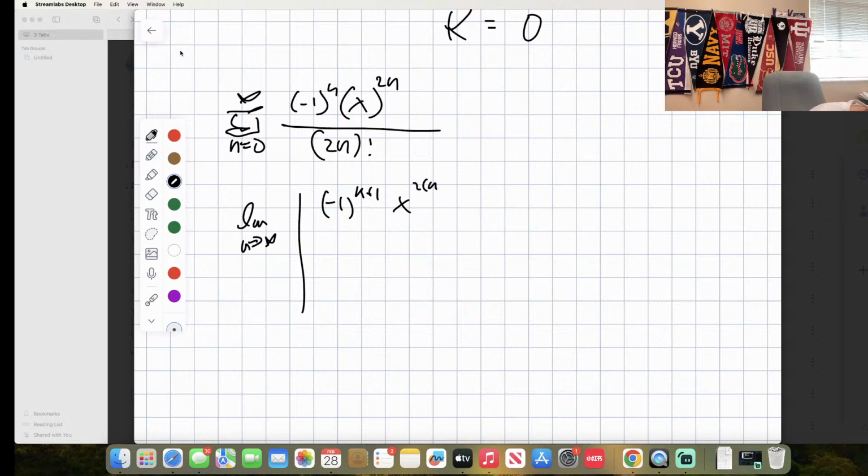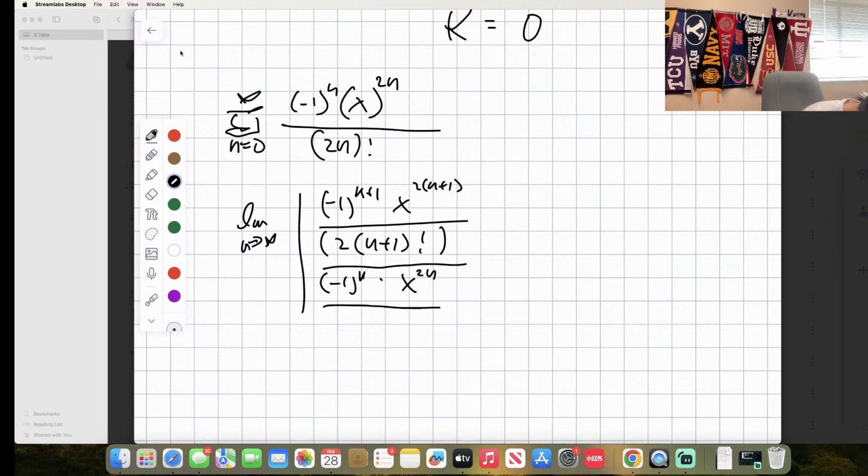So it'll be 2 parentheses m plus 1 over 2 to the m plus 1 factorial, all over -1 to the n times x to the 2n all over 2n factorial. I'm going to tell you, because we haven't exercised the negative sign yet, we haven't exercised the absolute value yet, so we should keep the absolute value sign.